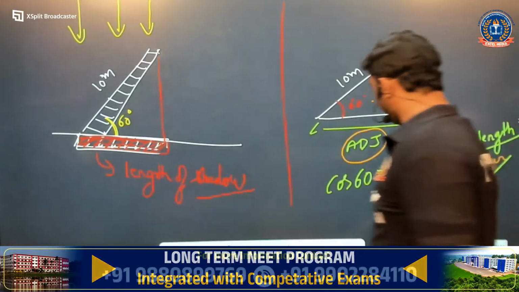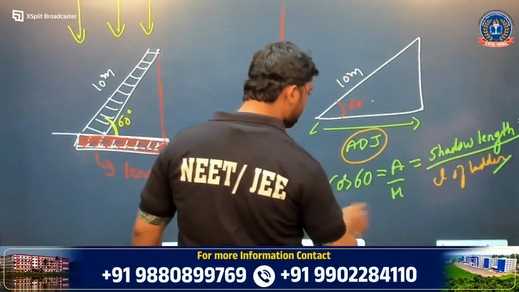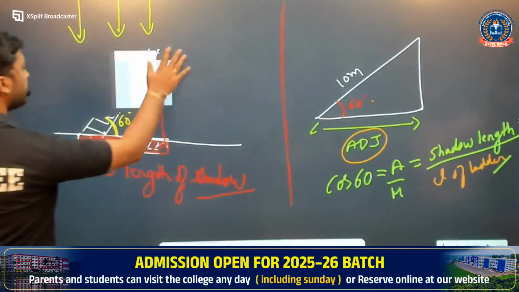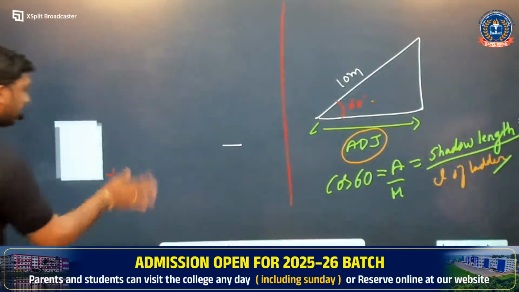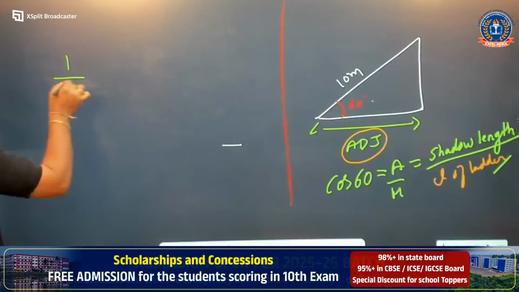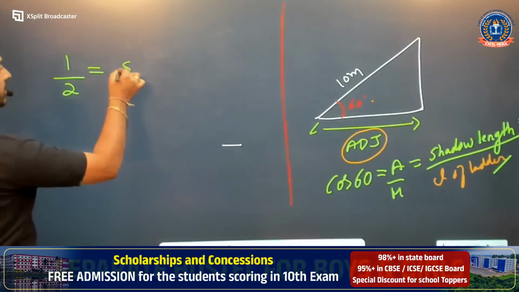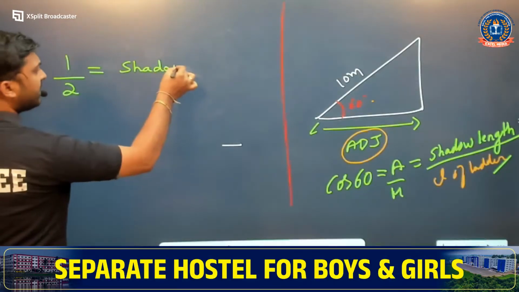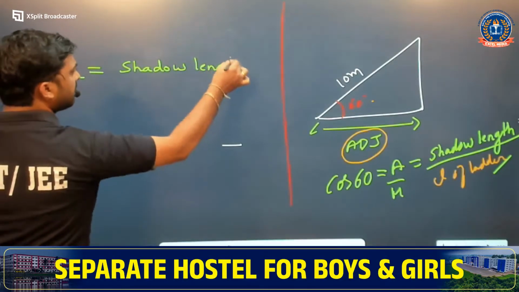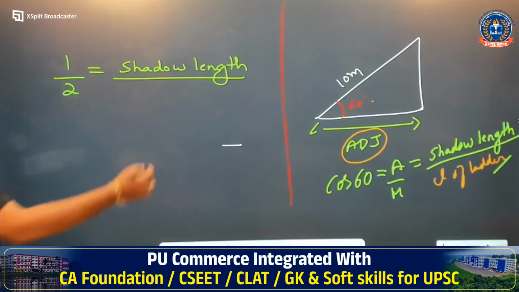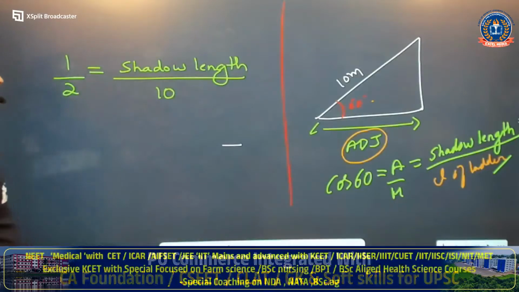So then solve it. Simple. Cos 60, what is the value of cos 60? Cos 60 is 1 by 2, right? The length of the shadow we don't know, let it be as it is, shadow length divided by the length of the ladder, which is 10. So cross multiply.